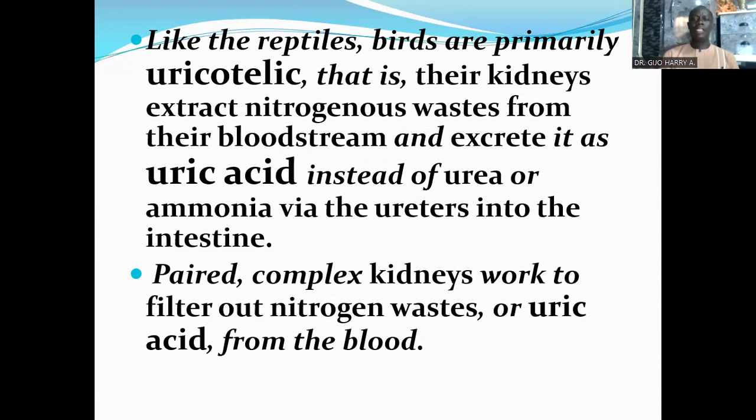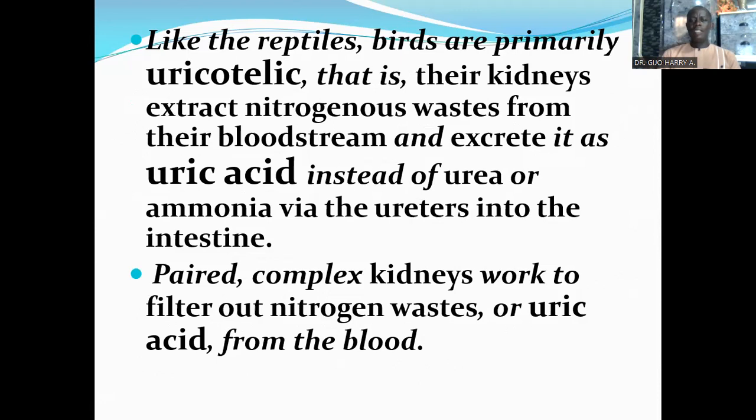So the birds excrete uric acid via the ureters into the intestine. The excretory system of the birds is directly connected to the intestines, so birds do not have a urinary bladder. Their excretory system is connected to their digestive system.